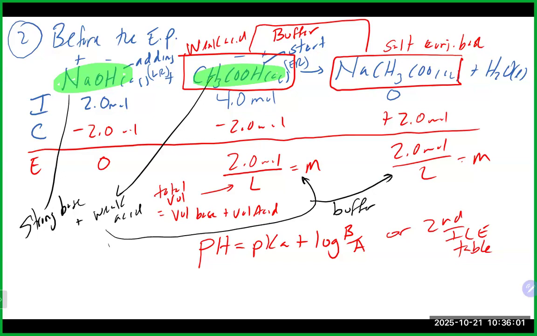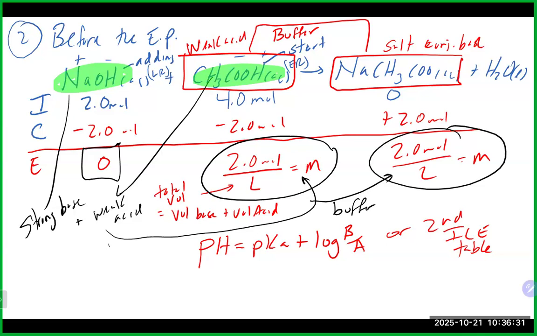As I mentioned before, you cannot have a buffer that's actually made out of a strong acid or strong base, but you could use a strong acid or a strong base and react it with either a weak acid or a weak base, and you could actually make the buffer. So in this reaction, as you can see, to illustrate the making of this buffer, none of the strong base is still there at the end, right? So the result of that reaction actually makes the buffer, and it's like making the buffer in the beaker by itself through this reaction. Any questions on that there?